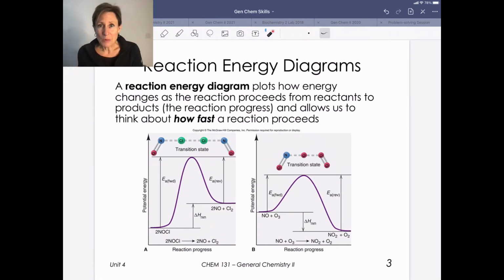Another skill that's important is learning how to draw reaction energy diagrams, sometimes called reaction coordinates. It's basically a plot that shows how energy changes as the reaction proceeds. Okay, so it allows us to think about those energy changes. Reaction progress is plotted on the x-axis, and energy is plotted on the y-axis.